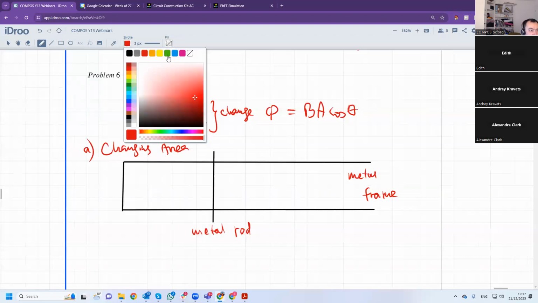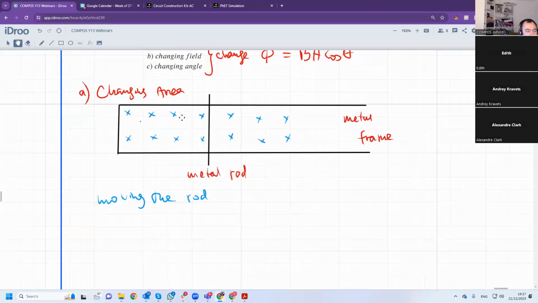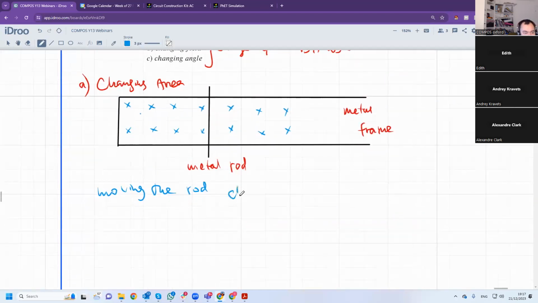If there's a magnetic field present, moving the rod changes the area of the loop.